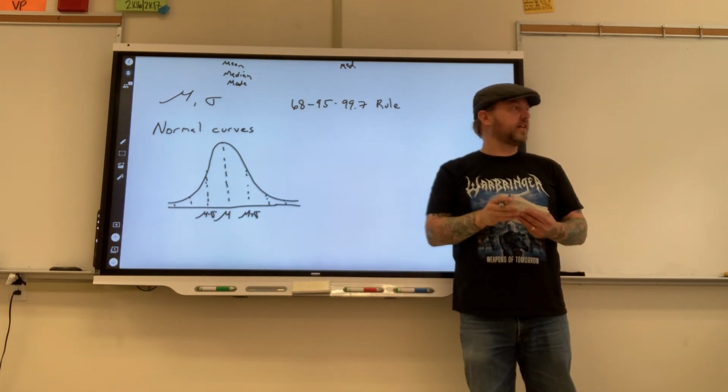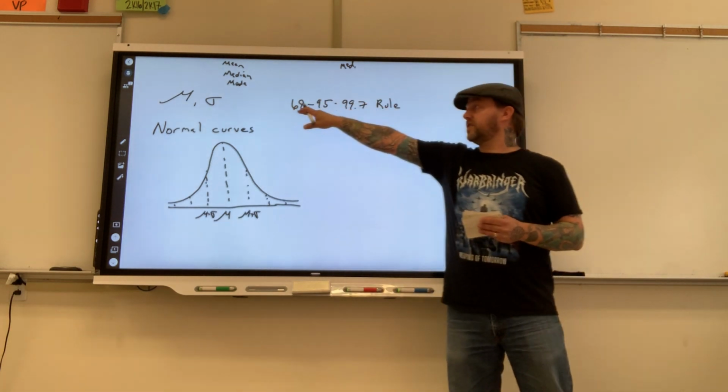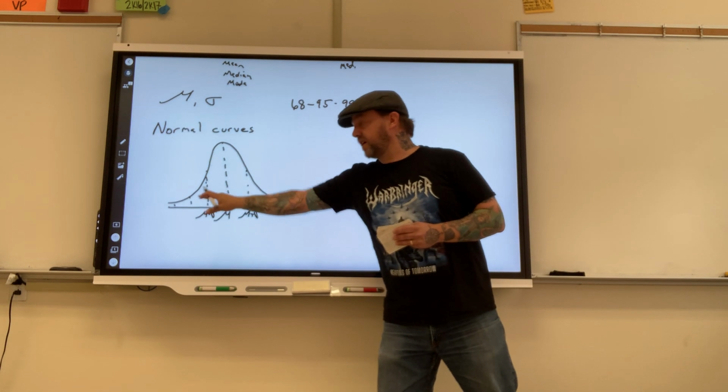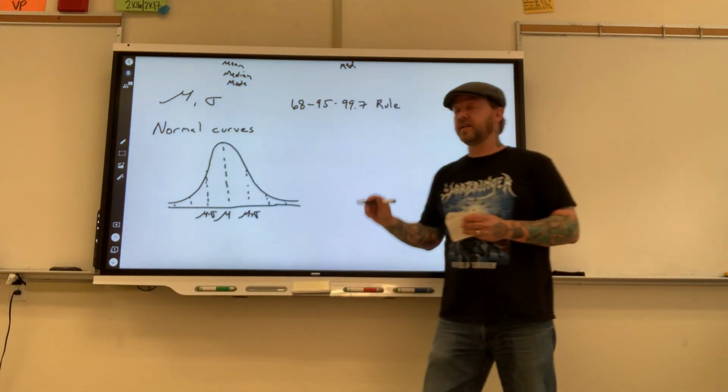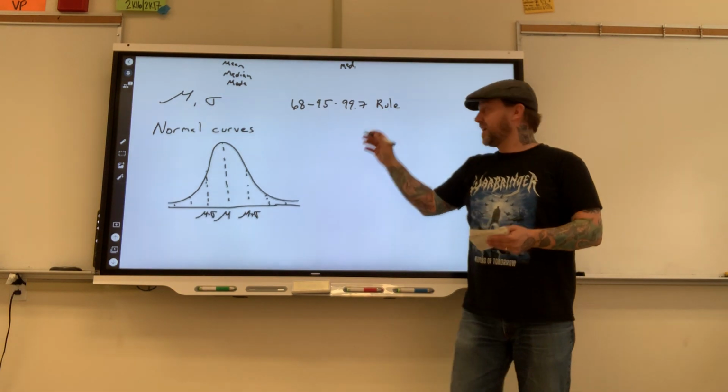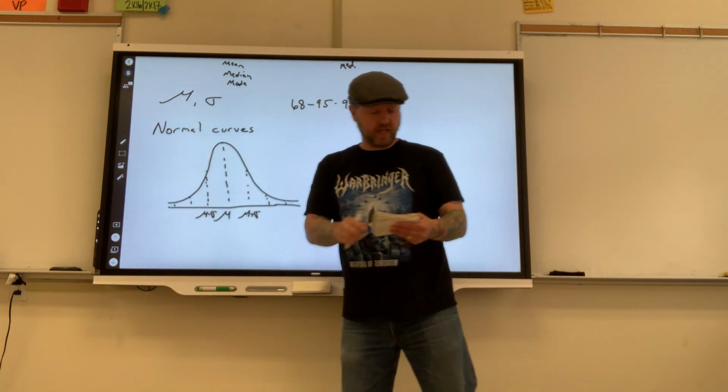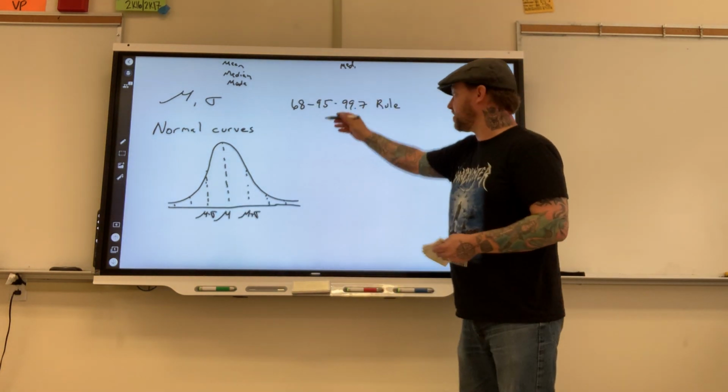Do we remember the 68, 95, 99.7 rule? It states 68% of the data is within one standard deviation of the mean, 95% is within 2 standard deviations of the mean, 99.7% is within 3 standard deviations of the mean.